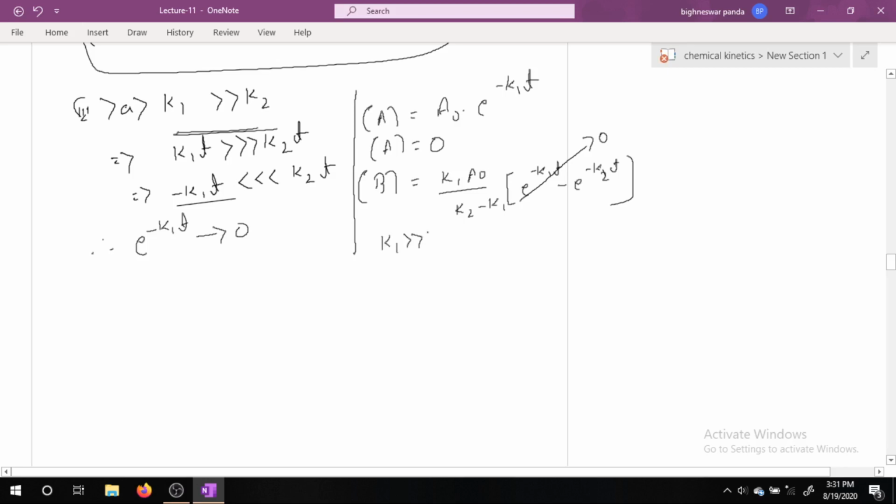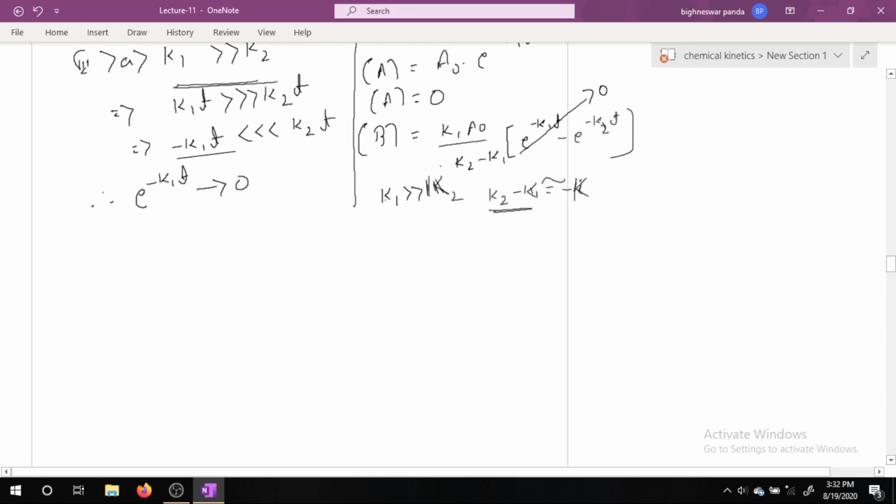Since k1 is very much smaller than k2, in terms of k2 minus k1, B is equal to k1 by k2 minus k1, and I can write it as k1 by k2.